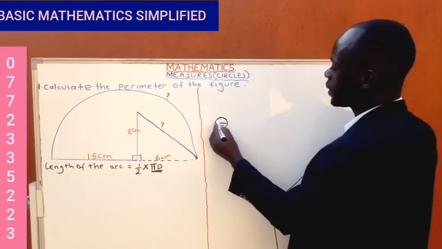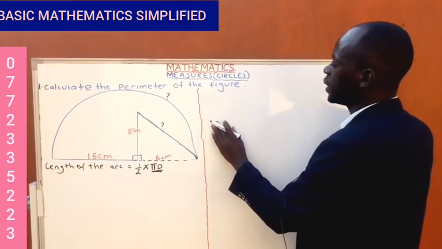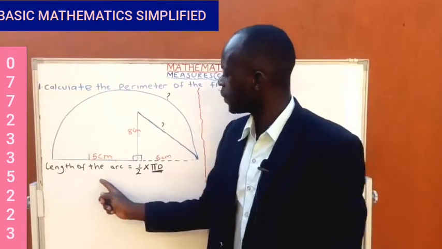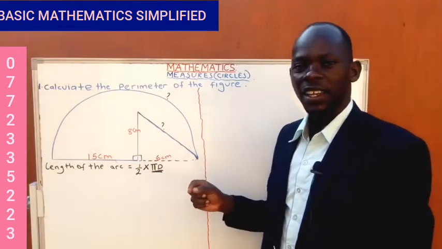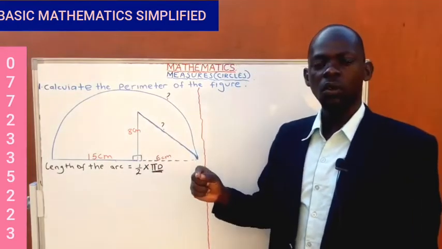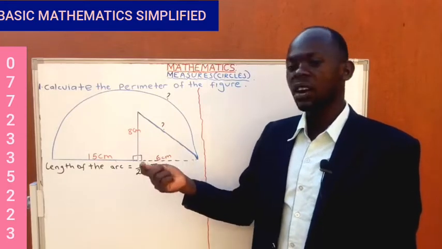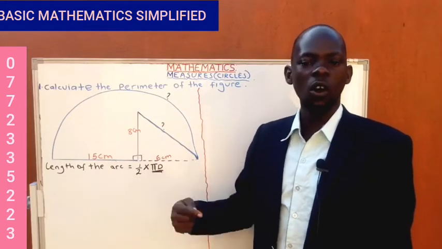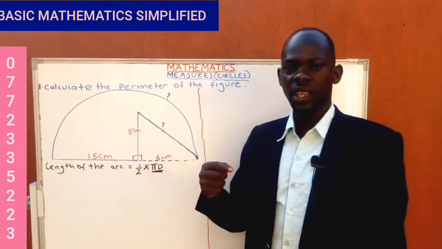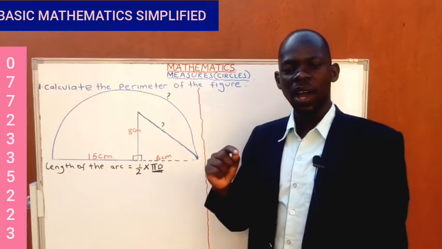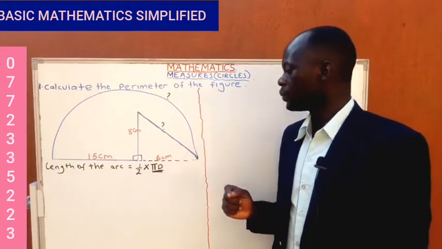So length of the arc equals a half times pi d. Pi is the ratio of circumference to diameter. When you divide circumference by diameter, that is what we call pi. Remember, we did that work last time, how pi comes to be 22 over 7. We did it and we are now aware. I don't want to go deep into that.